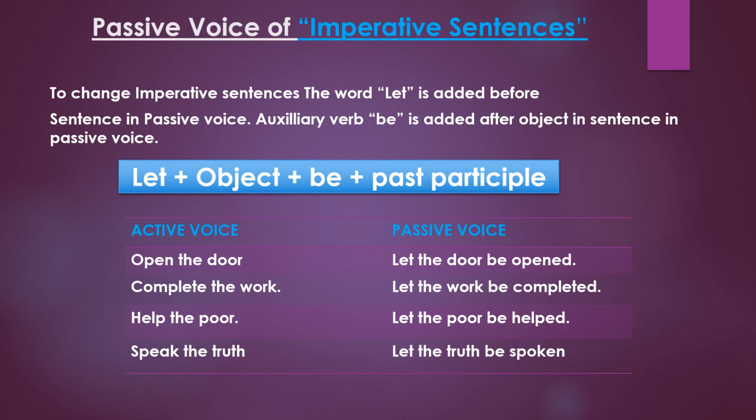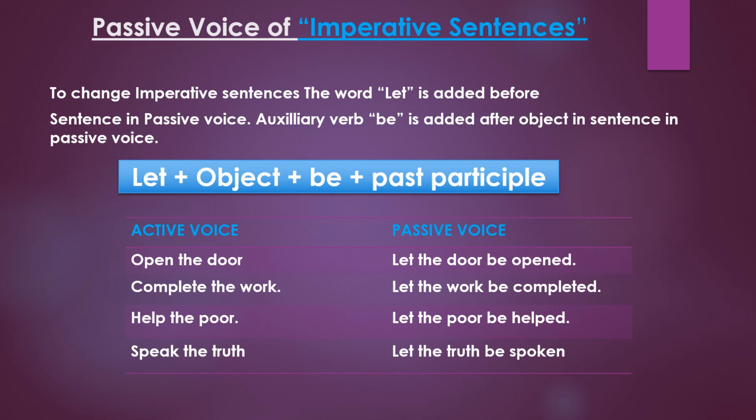So the structure is: let at the beginning of the sentence, then the object of the active voice, then the auxiliary verb be, and then the third form of verb, or we can say the past participle form of verb.